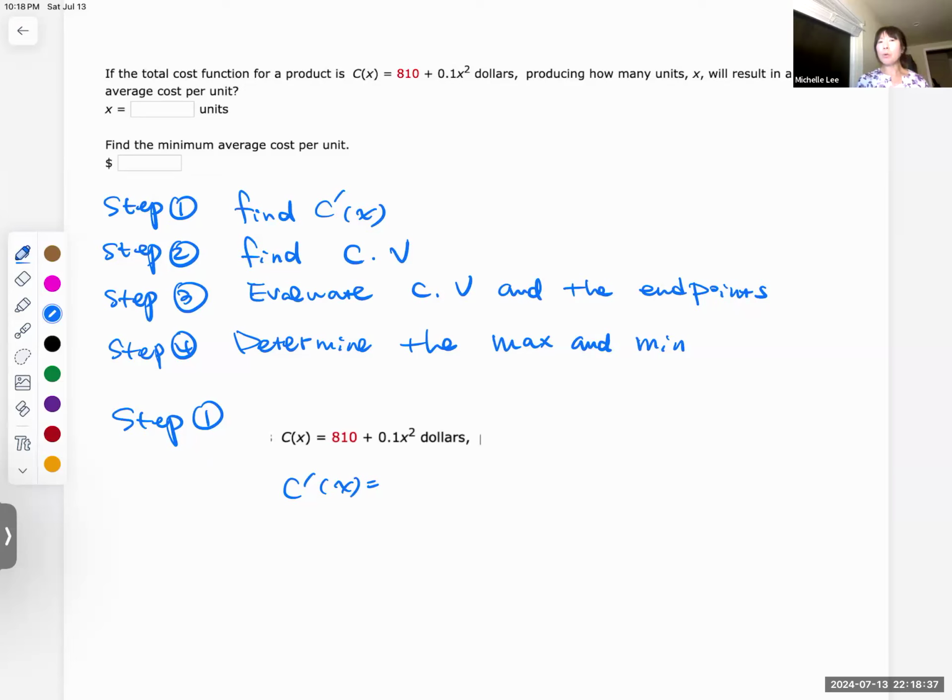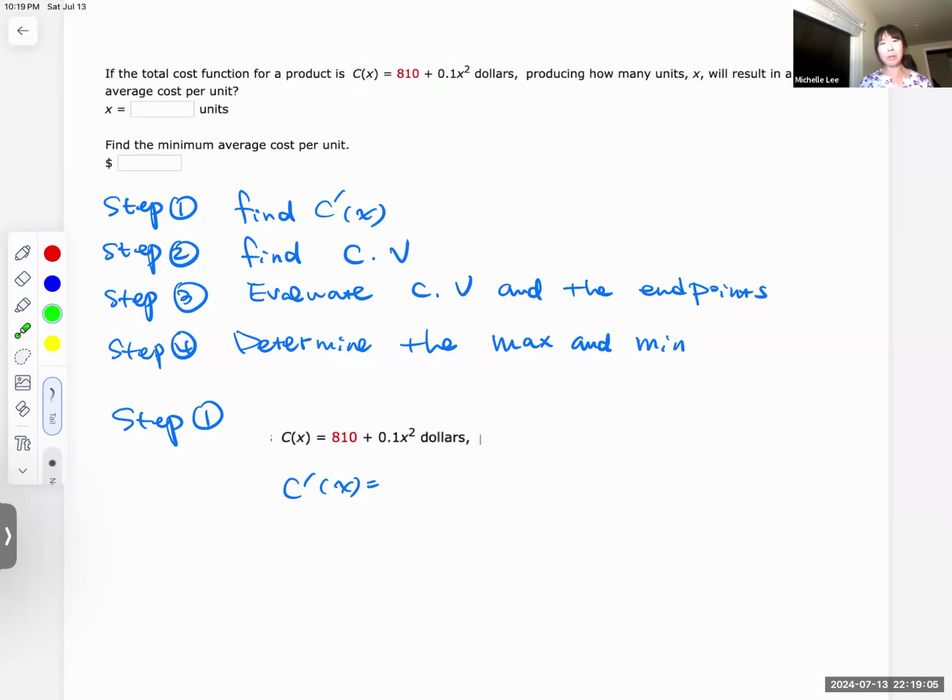Okay, so before we find the derivative of a cost function, there is no bar, right? Can you see that? The average cost must have the bar here, right? This is just the cost function. So how do you find average cost function from the cost function?